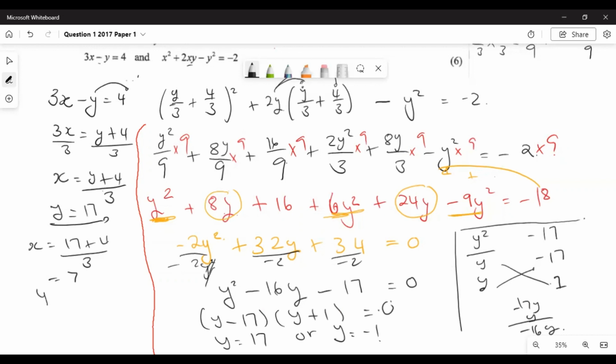And for y is equal to a negative 1, we will get that x will be equal to a positive 1.